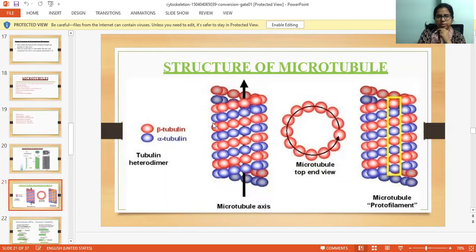Here you can understand more by this diagram. This is beta tubulin and this is alpha tubulin, which create the tubulin heterodimer, and they arrange like this. This is the microtubule axis, and this is the microtubule top end view. The 13 protofilaments will arrange like this and create a proper microtubule.